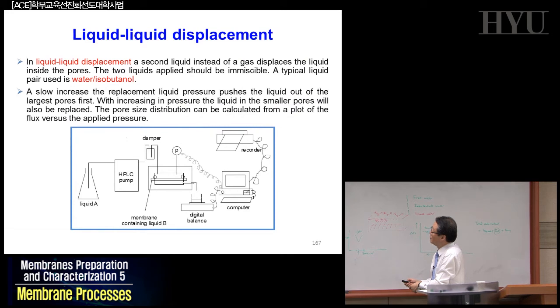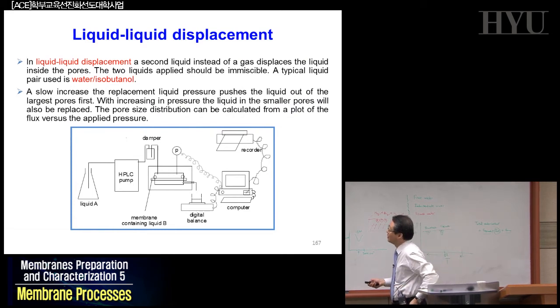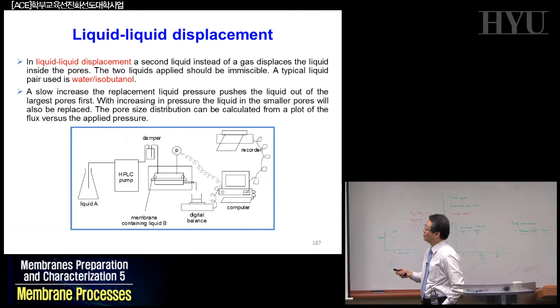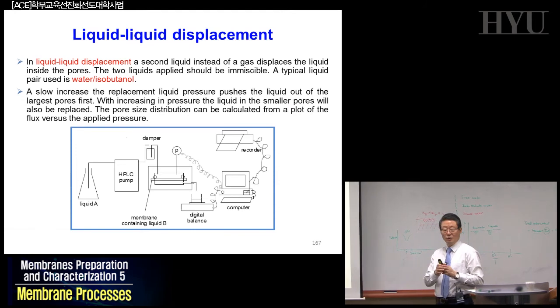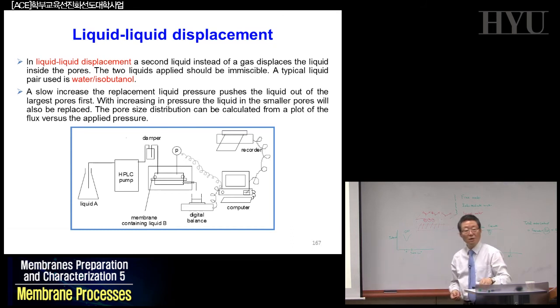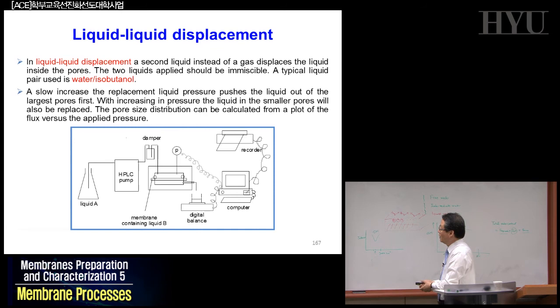We also have a liquid displacement method. Usually they use water and isobutanol as the two liquids. Once you fill your first liquid, the second liquid will replace the first liquid. By using a similar equation, you can calculate the radius of the pores. They use an HPLC pump with the membrane module, then measure the balance and record.